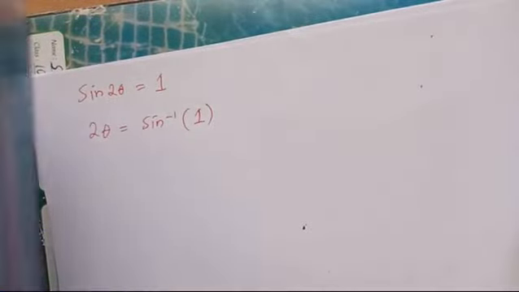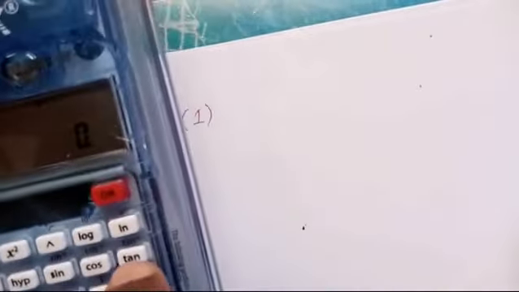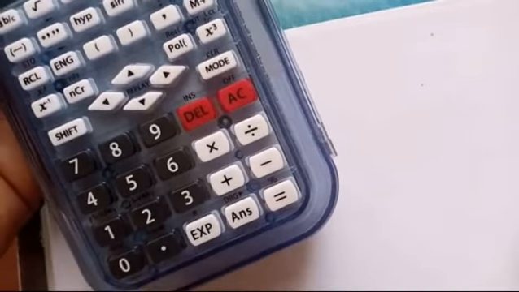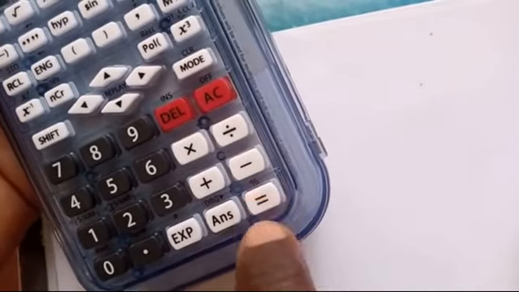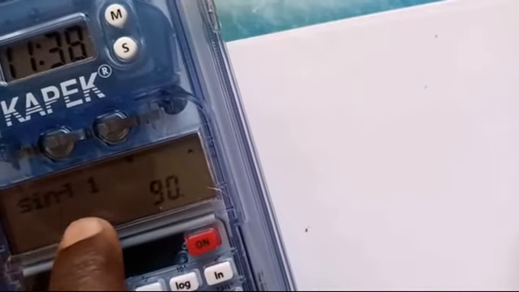We bring our calculator and, for the sine inverse, we press shift, and then sine inverse will appear. Then you press 1 and the equals sign, and you see sine inverse 1, the angle given is 90 degrees.